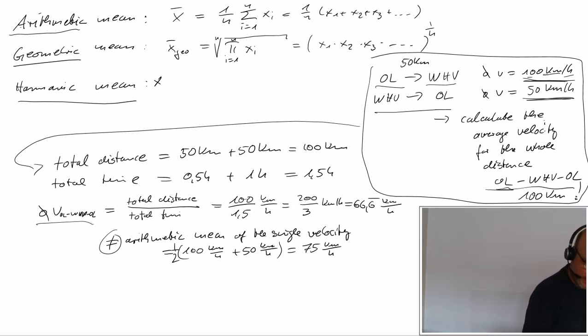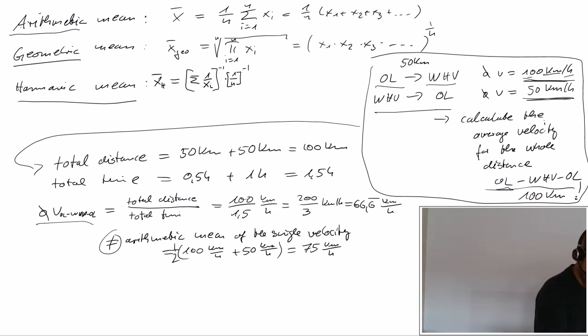And the harmonic mean is defined as the sum of 1 over xi to the power of minus 1 times 1 over n to the power of minus 1.